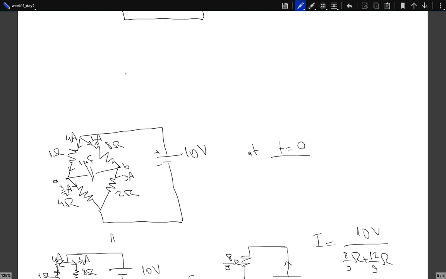Now let's see, 4 amperes comes here through this resistance. Now only 3/2 amperes goes here. How much should go to the capacitor?